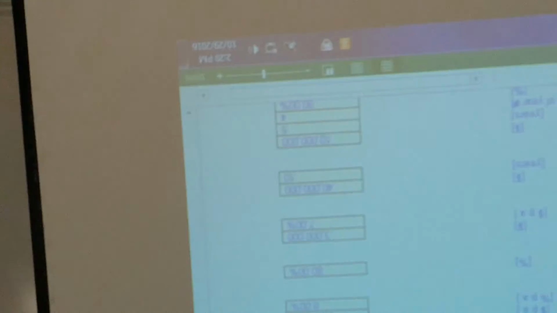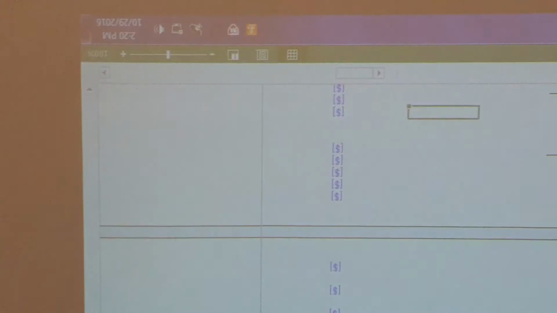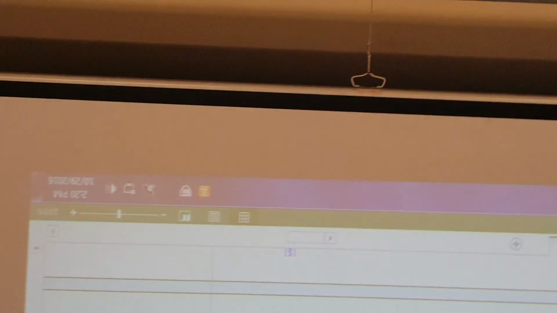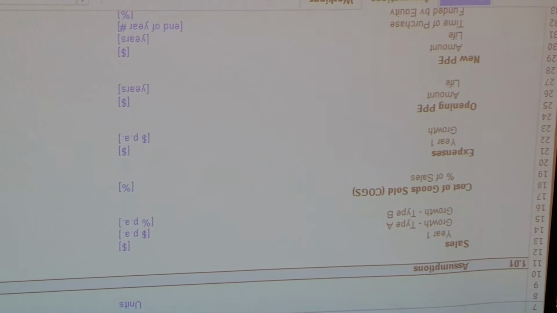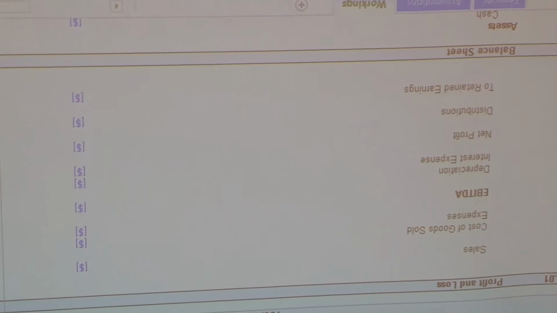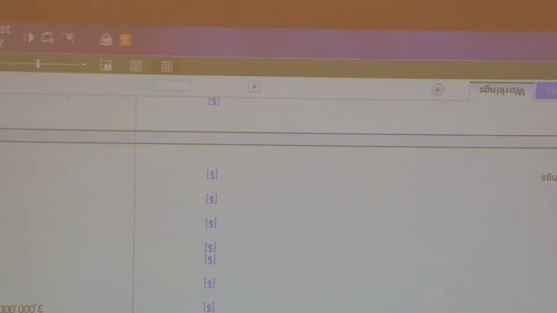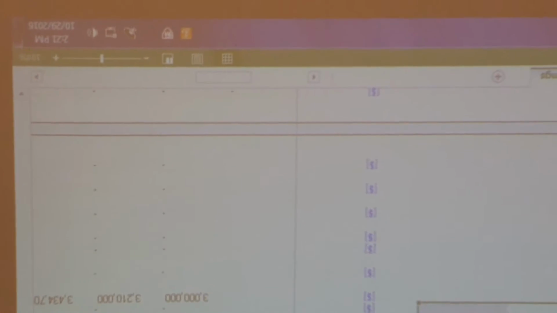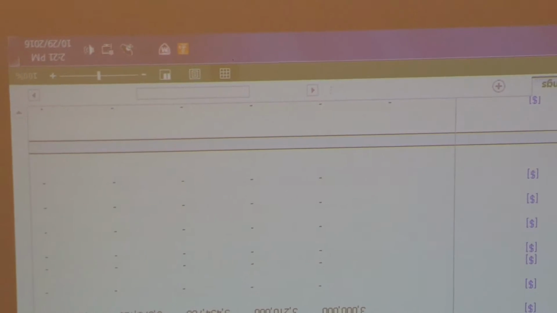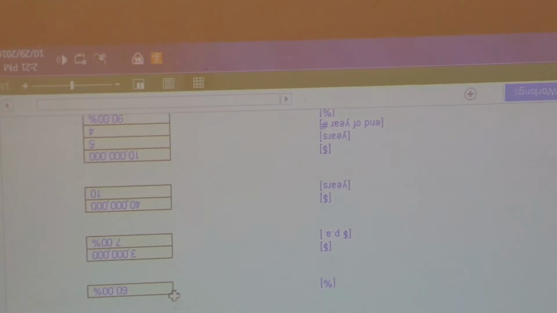If I type in 7% here and then go over to modeling expenses and say year one is 3 million, and then I say equals that times 1.07, and copy it across, and then somebody else comes in tomorrow and says, what if I can get expense growth down to 6%?